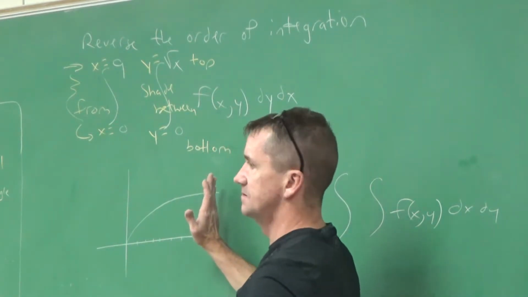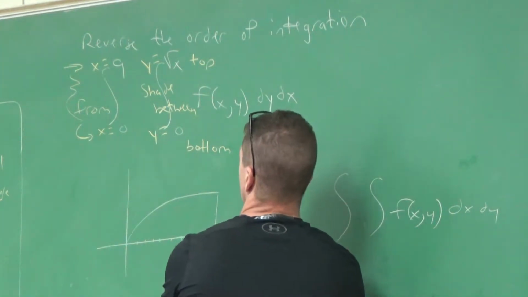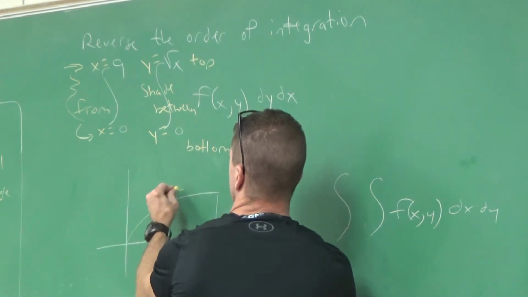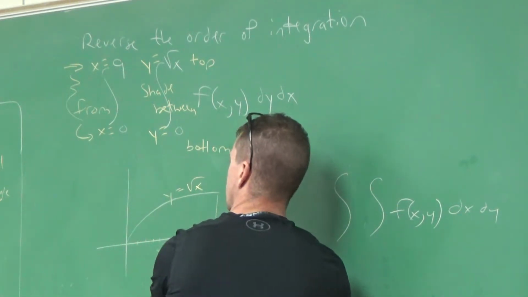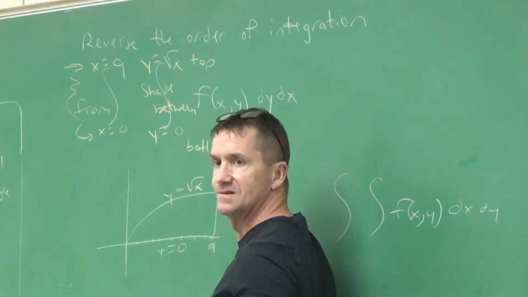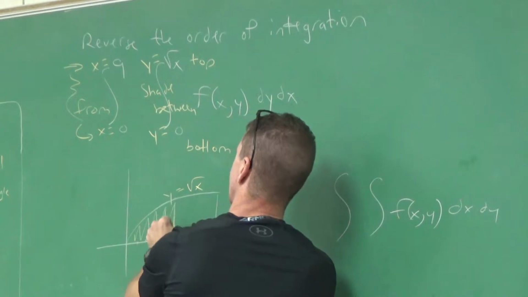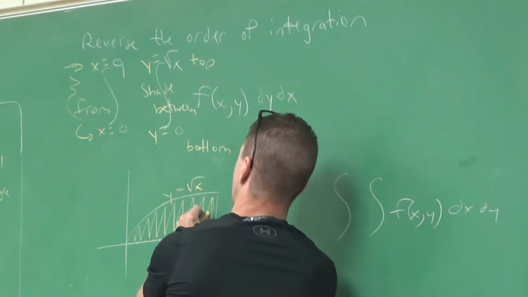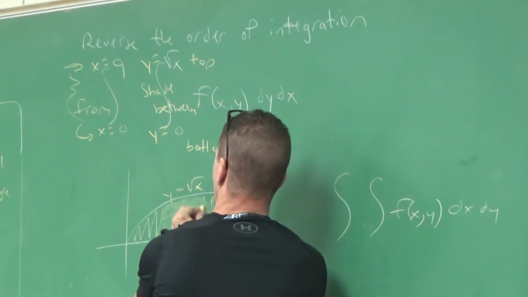And I'll stop there and make a wall. Y equals square root of x. And y equals 0 is just right here, isn't it? So where are you shading? It's the key step. You're shading here. I'm not shading over here. I'm shading over here.